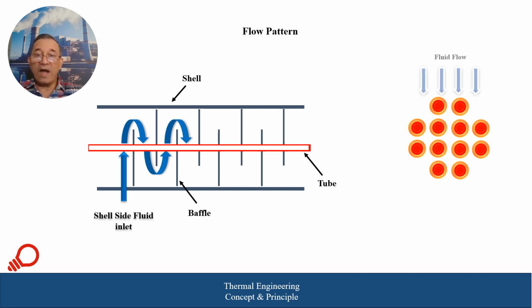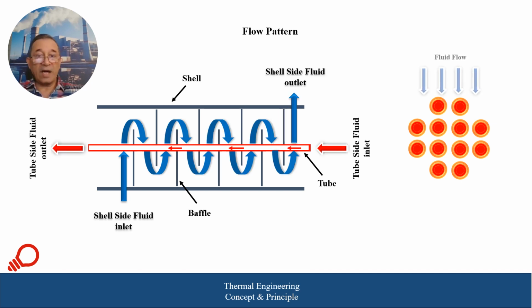If we have two fluids, one on the shell side and the other on the tube side, then this animated illustration shows how the fluid flows on both sides.